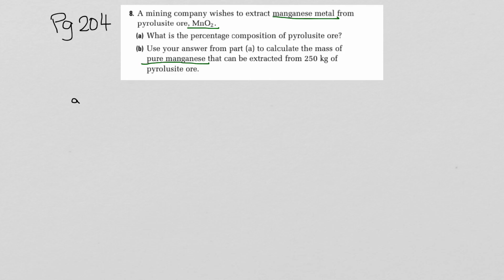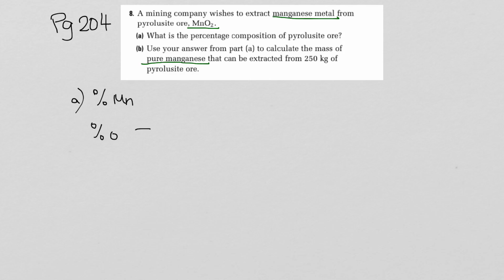So in doing A, again, percent composition of the ore means they want to know the percent composition of each of these elements. So we have percent Mn and percent oxygen.